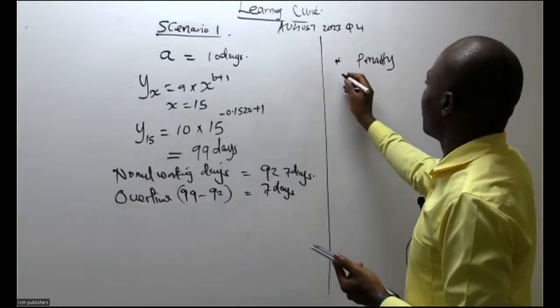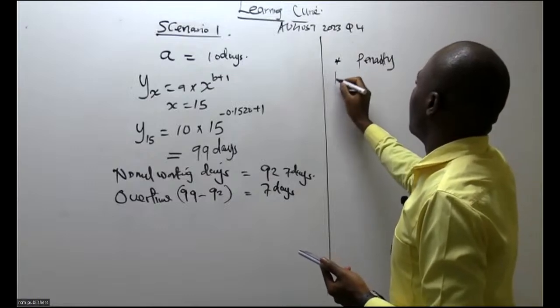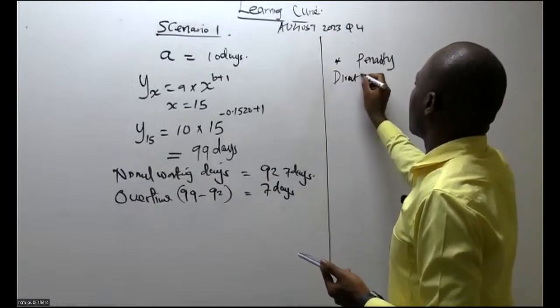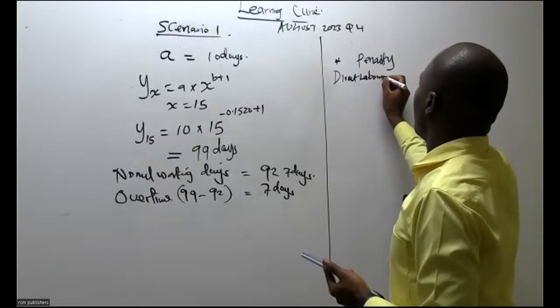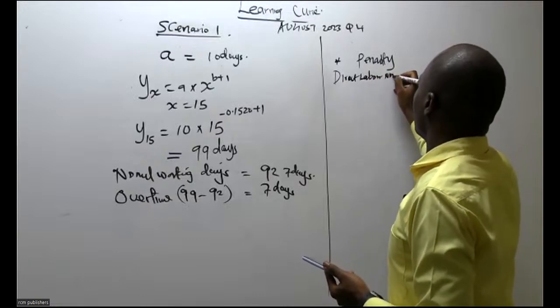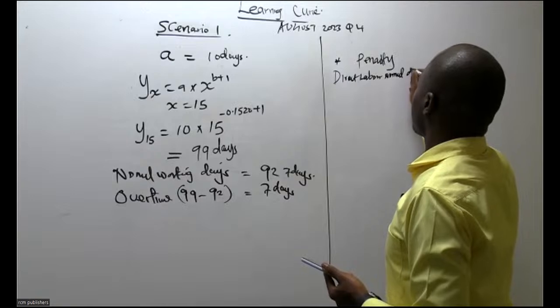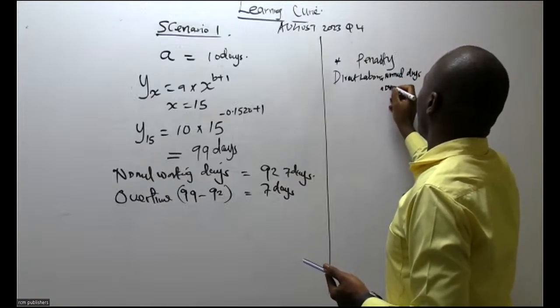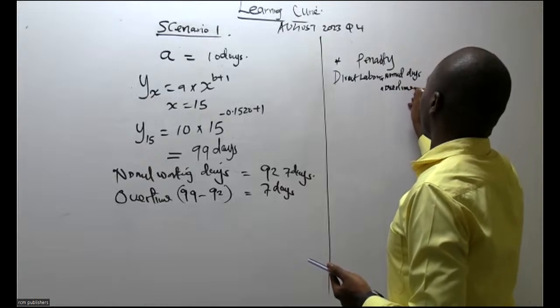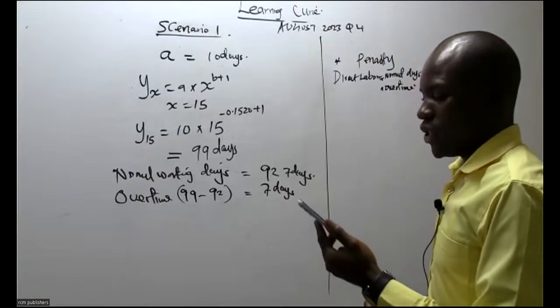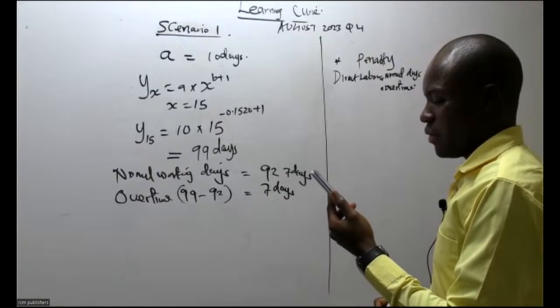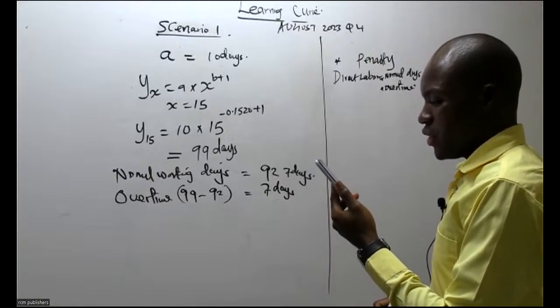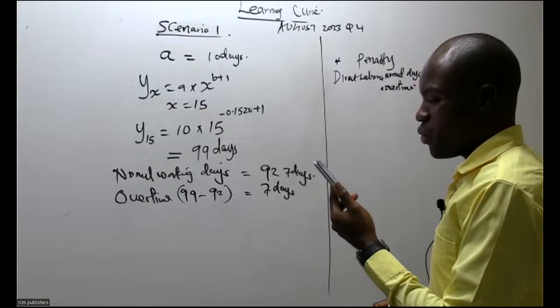We have now direct labor. One, we have normal days. Then we have overtime. We are talking about scenario number 1, to work overtime.